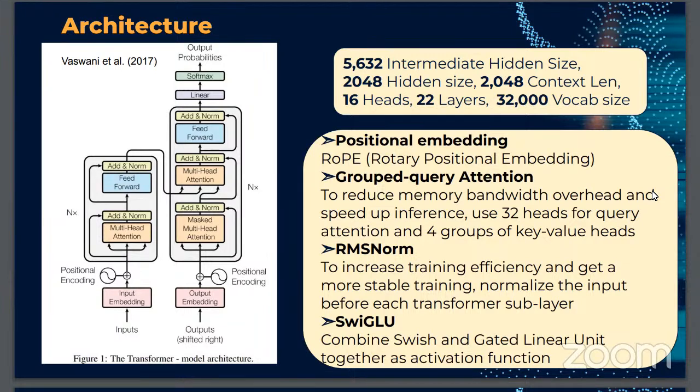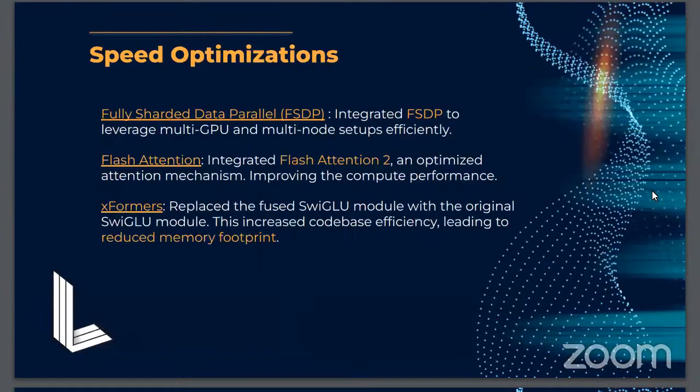They also changed the normalization, and in this case they used RMS normalization. They also changed the activation function, and in this case they used the Swish and gated linear unit, otherwise known as SwiGLU, as the activation function. What these changes did is that they made the model more computationally efficient. Now we can move on to the next one, which is speed optimizations.